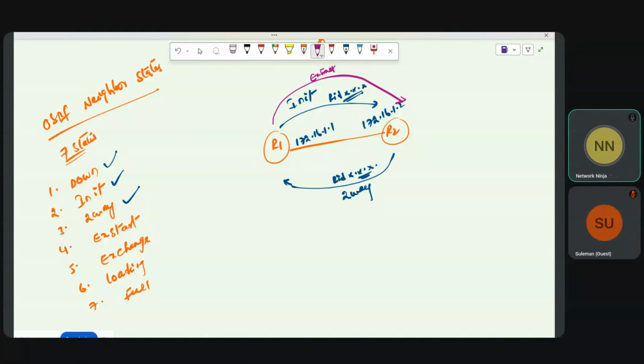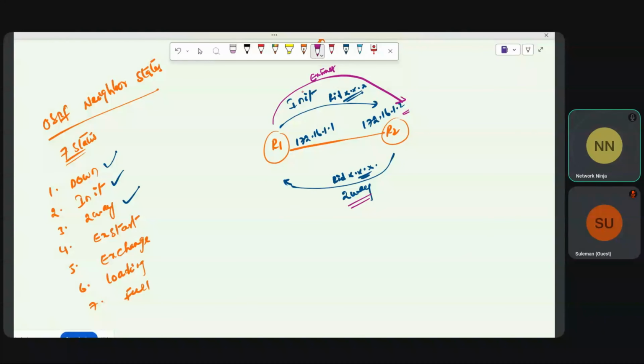I will start exchanging because I have the highest router ID. Router 1 has its router ID, and router 2 has also shared its router ID to router 1, and router 2 will also share the router ID in this state, right? Both have their own router IDs, and they decide who is going to become the master and slave.